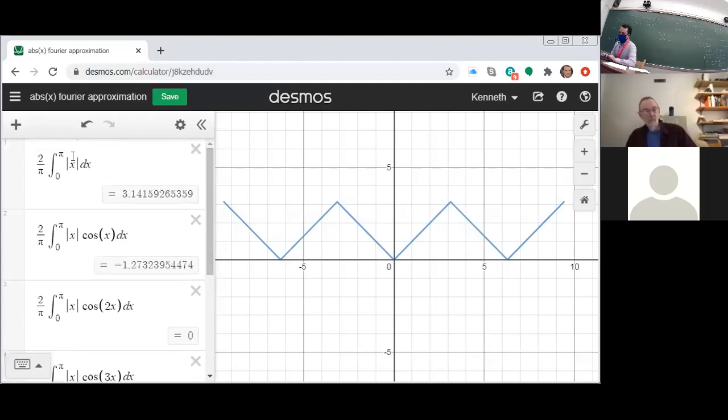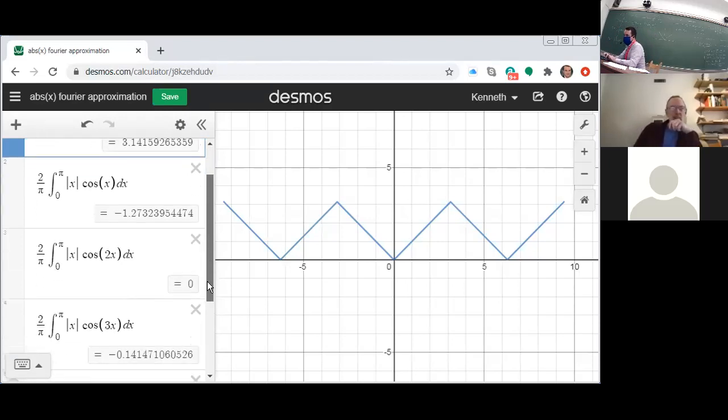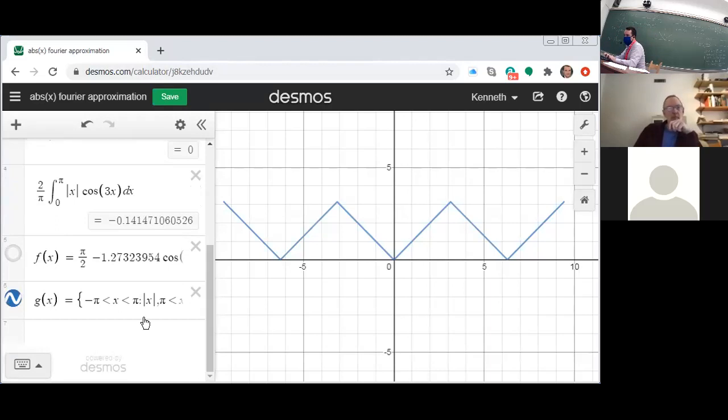I'm only going to get these cosine coefficients, and I've worked them out for you. So a naught is going to be what? It's 1 over pi times the integral from negative pi to pi of absolute value of x times cosine 0, which equals 1. Of course, that integrates to pi. So for my approximate Fourier series, the first term is a naught over 2, which is pi over 2.